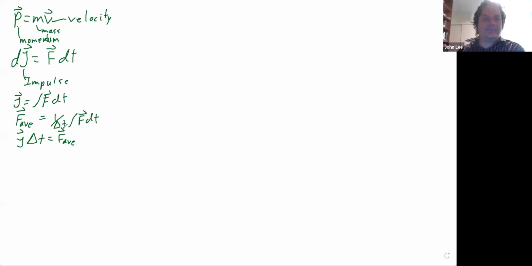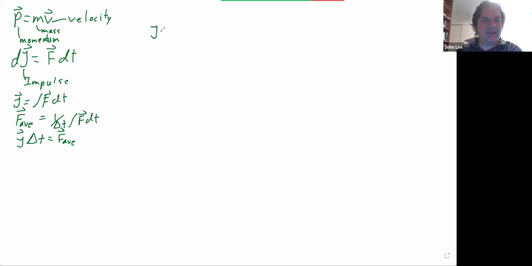And then the other thing that we're going to find out from this is how this impulse relates to momentum.